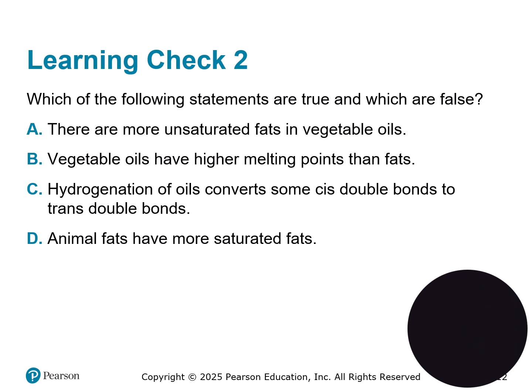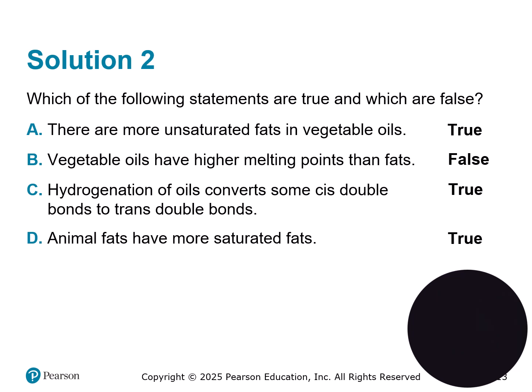It's definitely partially true. D: animal fats have more saturated fats. That's true too. We know that they have more saturated fats from the chart and the analysis that we saw. So again, B is the only one that's false. Vegetable oils do not have higher melting points than fats. Fats have higher melting points than vegetable oils.